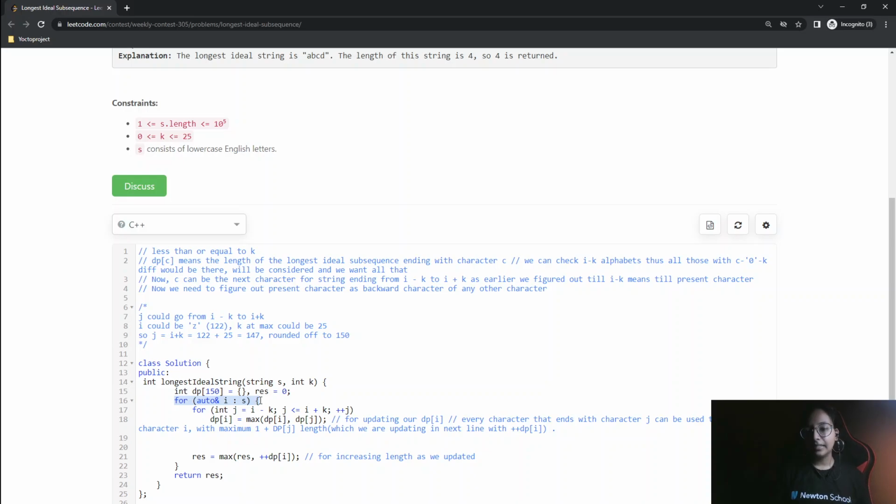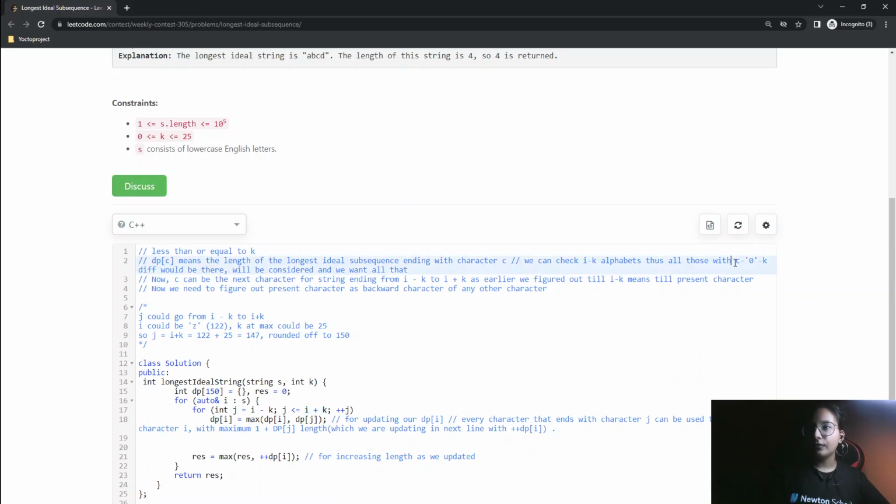The I which is there would be the A alphabet itself, right? So when we do I minus K and I plus K, it will check for the ASCII codes only, right?